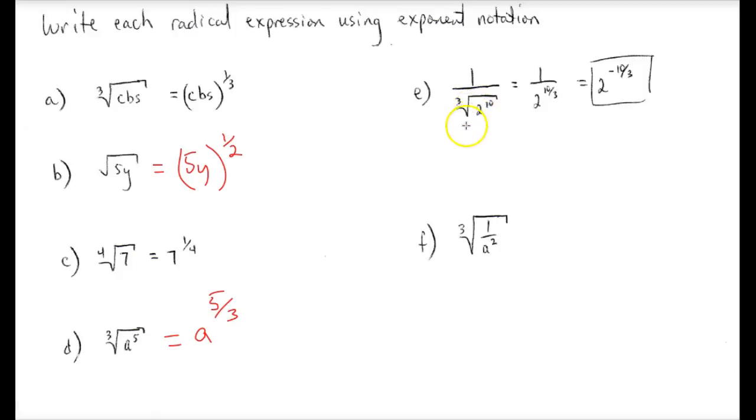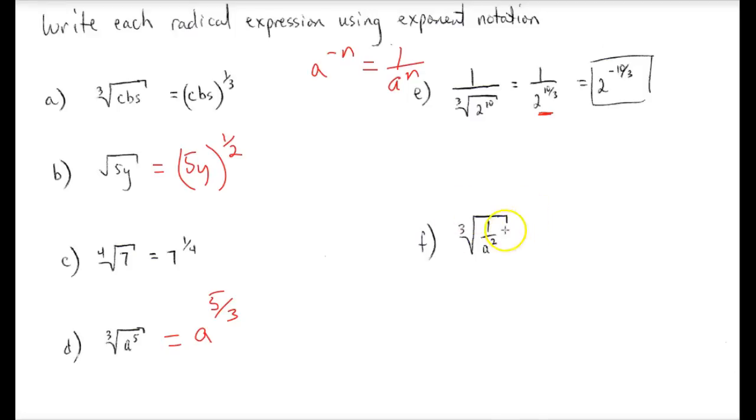For E, notice that we would need to take our expression that's in the denominator and rewrite that in fractional exponent form, 2 raised to the 10/3. And then we use our reciprocal exponential rule here to basically say that 1/2 raised to the 10/3 is the same as 2 raised to the negative 10/3.